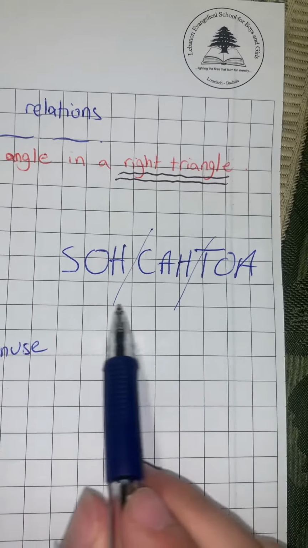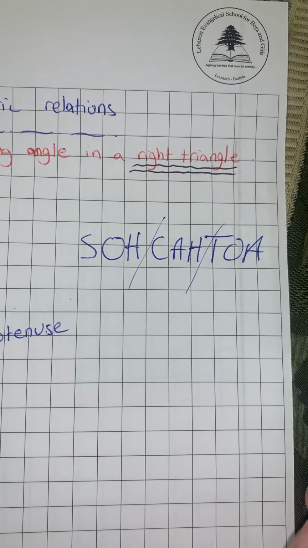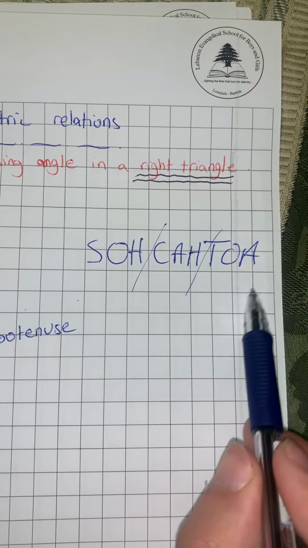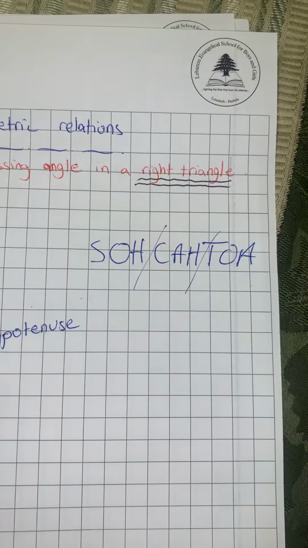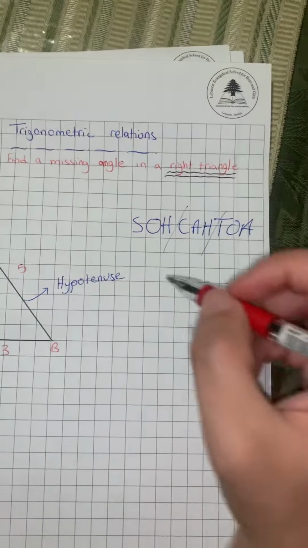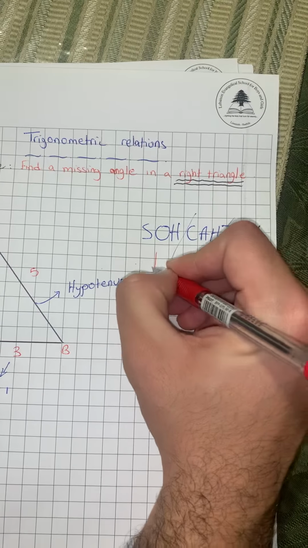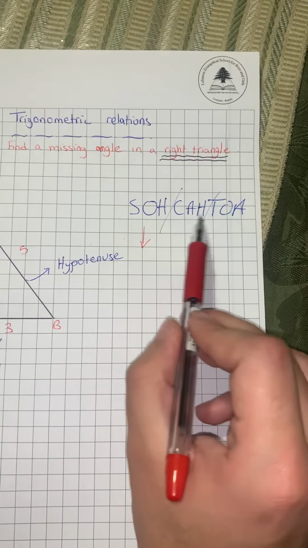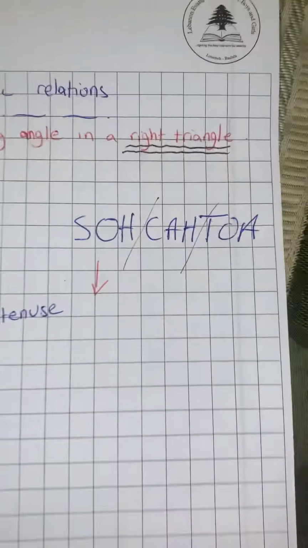This is a very important relation. It summarizes the whole chapter. If you memorize this term, then your life will be much easier. And let's indicate the meaning of each part of this term.